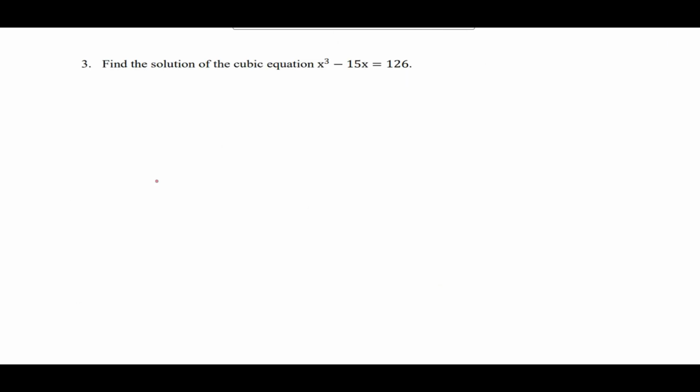So now in problem 3, let us consider the given equation x cube minus 15x minus 126 is equal to 0, that is equation number 1.